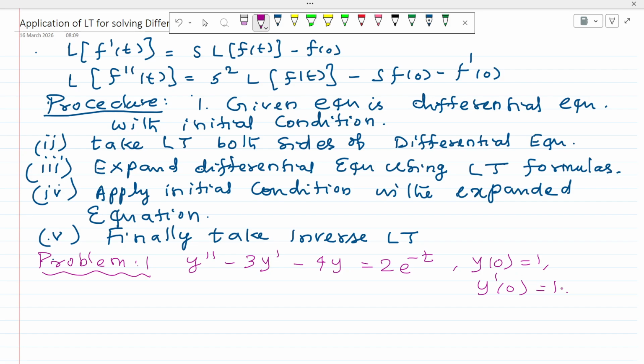Listen, in the problem we can see that y double dash minus 3y dash minus 4y equal to 2 e power minus t, y of 0 equal to 1 and y dash of 0 equal to 1.